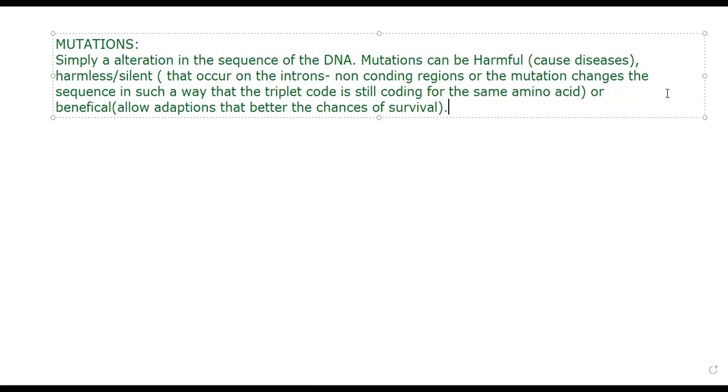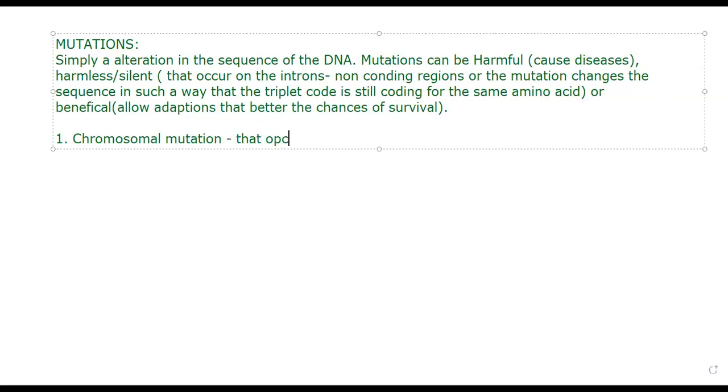Now, other than this, we can have chromosomal mutation. Chromosomal mutations are mutations that occur on a section of the chromosome. So generally, an entire section of the chromosome is going to be affected, right?